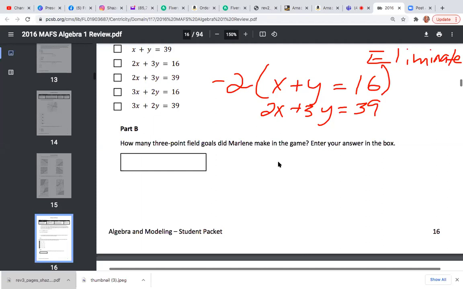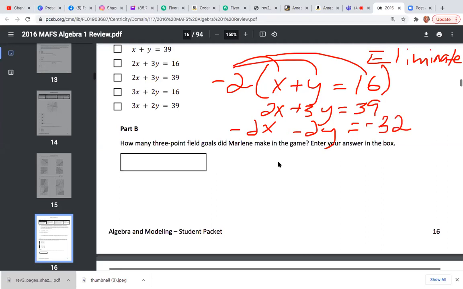So when I distribute the -2, I get -2x minus 2y is equal to -32. And then, guys, remember I set out to eliminate x, so I'm going to eliminate my x and add. 3y plus -2y gives me y, and then 39 plus -32 gives me 7. So there were 7 3-point field goals.